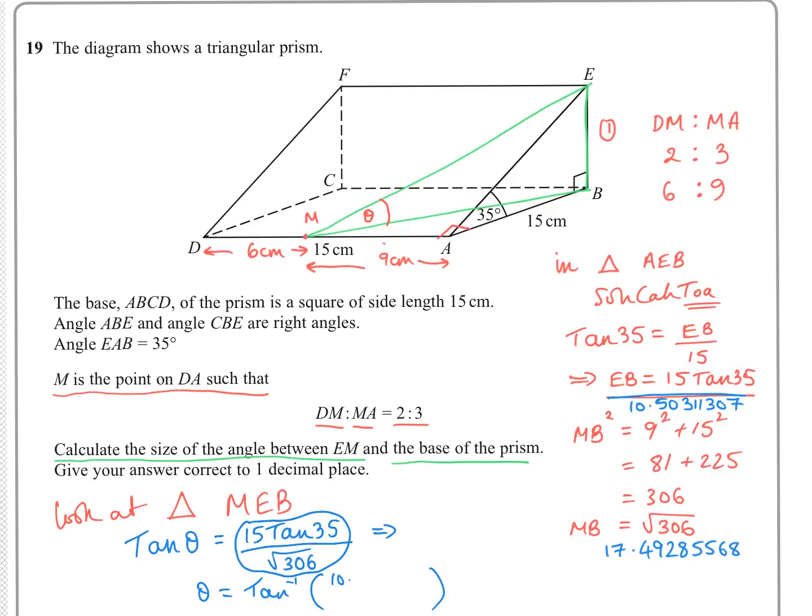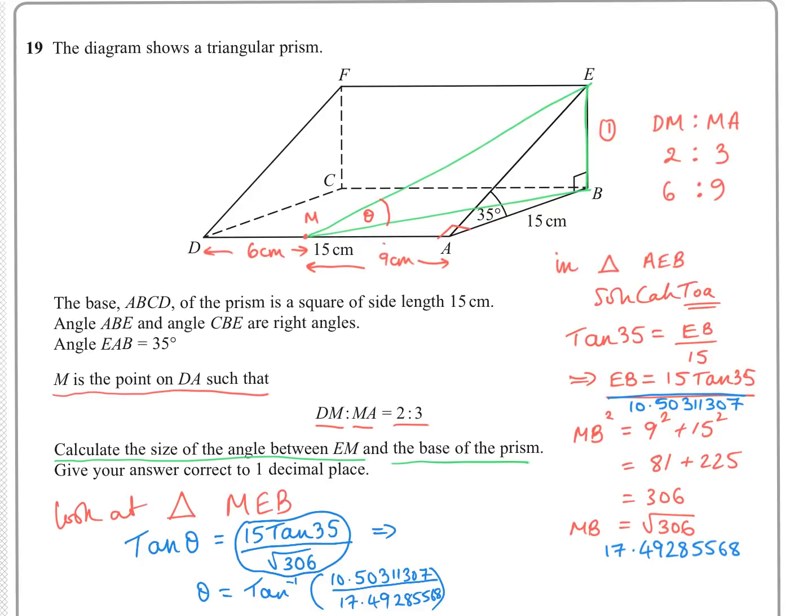So we're going to get 10.50311307 over 17.49285568.